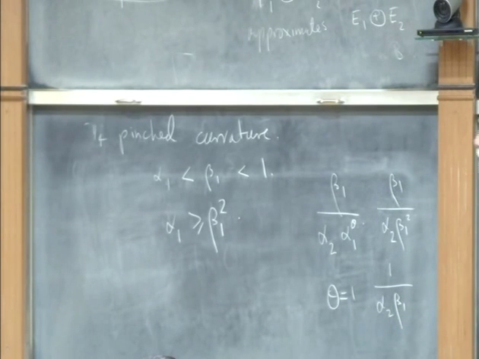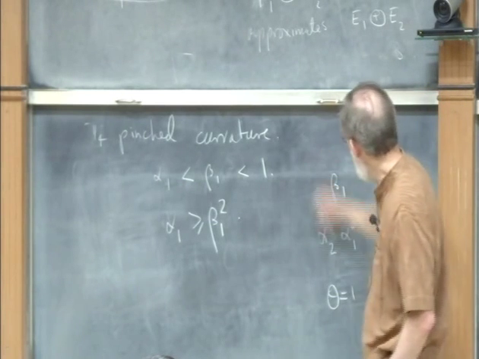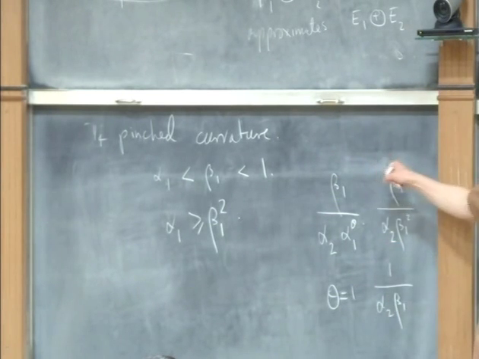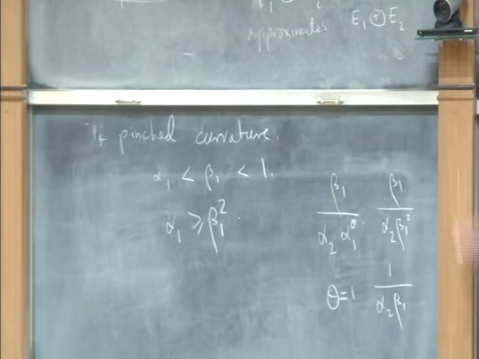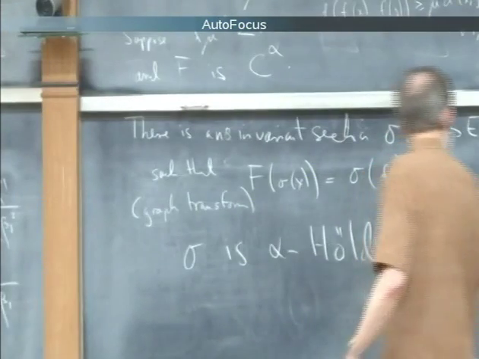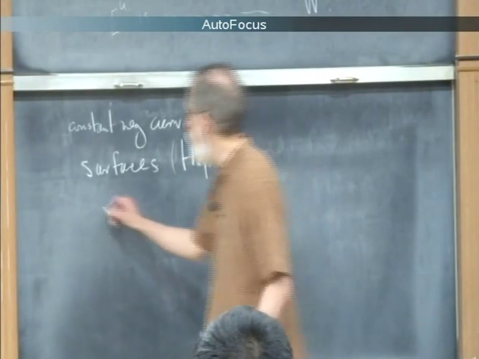So if you have quarter-pinched curvature, you also get C1 stable and unstable subbundles. So you can do the cheap argument in that case as well.